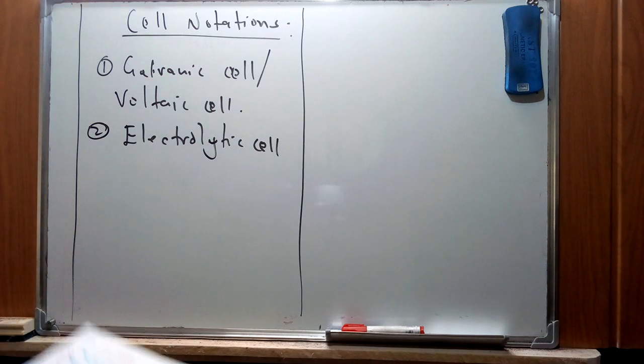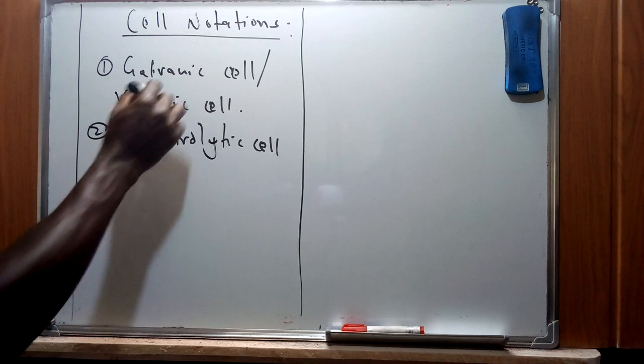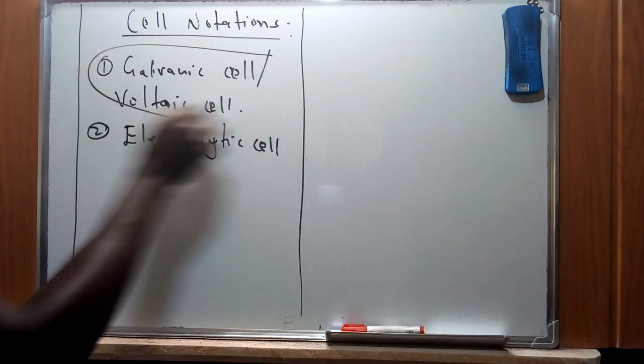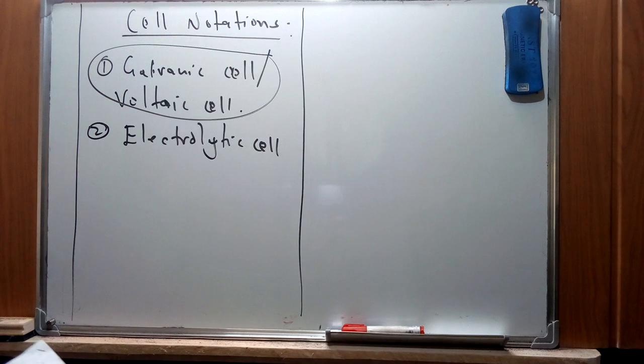The major difference between the two is that the first one derives its energy from spontaneous redox reactions, while electrolytic cells involve non-spontaneous reactions. Thus, the second one requires an external source of energy, for example, batteries and other sources of electricity. So in this case, we're mainly going to concentrate on the first one and illustrate how we can give a notation for that galvanic cell.